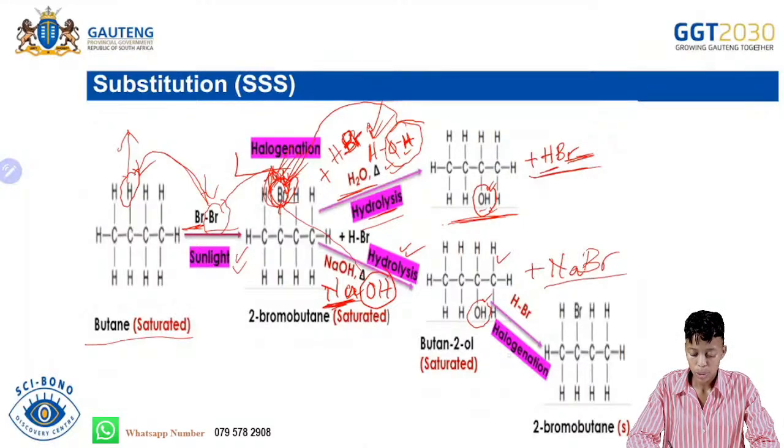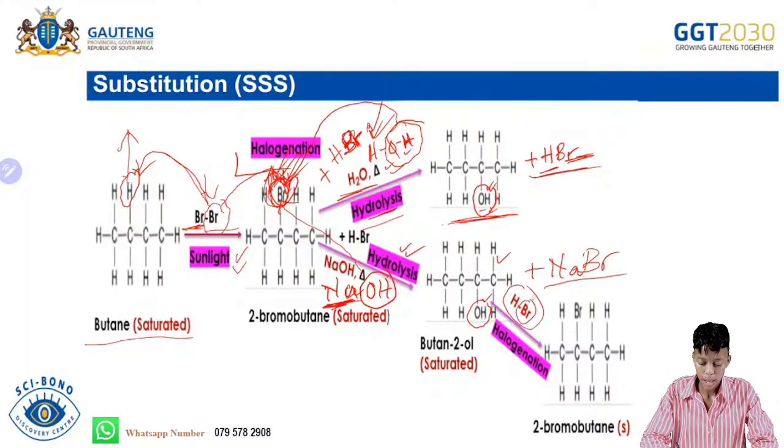Okay, then moving on to the next one. So this one, you are substituting with what? With HBr. And when you substitute with your HBr, you have a H and a Br separately. So you will substitute the Br where you see the OH. So if you substitute the Br where you see the OH, it means that the OH is now out, and which other products are you left with?